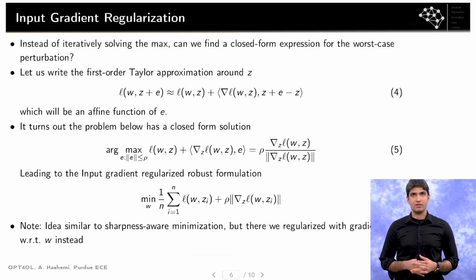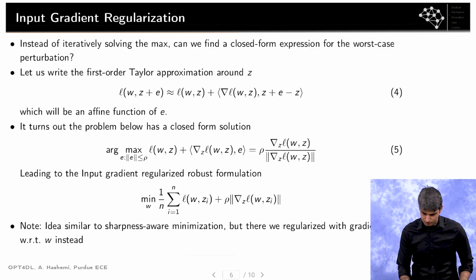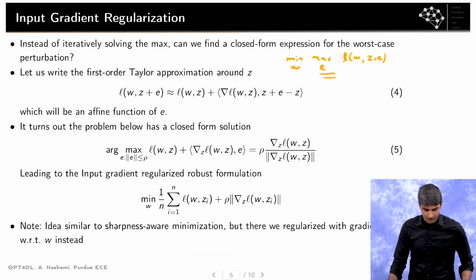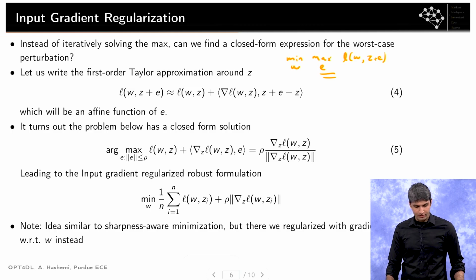So we are approximating the max. Remember, our objective was to minimize with respect to W, maximize over the perturbation of the loss when I'm perturbing the image. So we were trying to approximate this using gradient methods, iteratively. So one other idea is as follows.